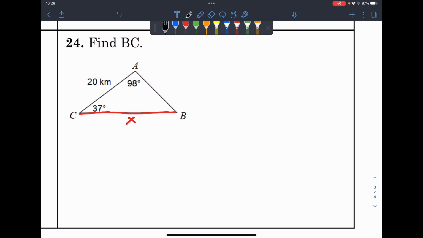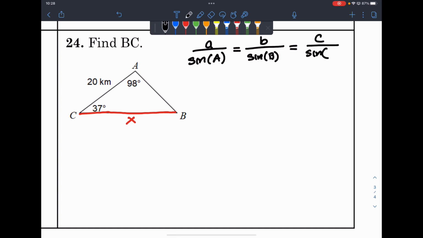So from the law of sines, A over the sine of angle A equals the opposite side B over the sine of that angle B, which is equal to side C divided by the sine of angle C. And A, B, and C are opposite the angles.